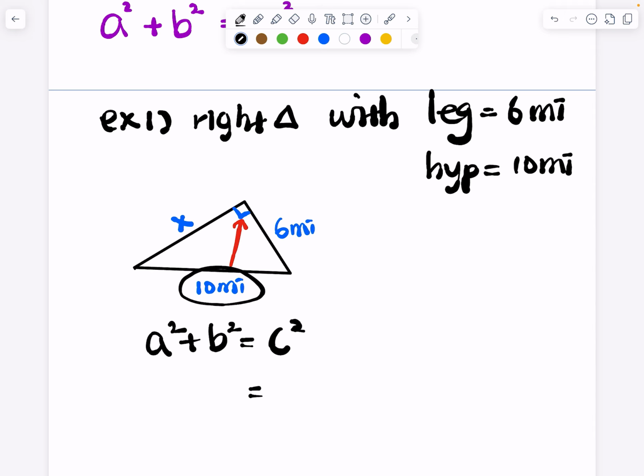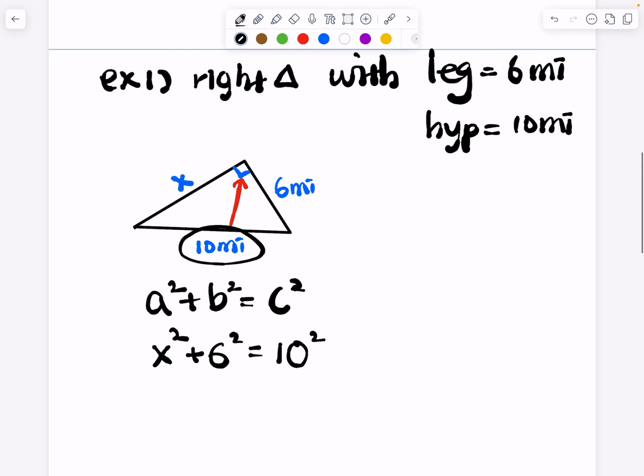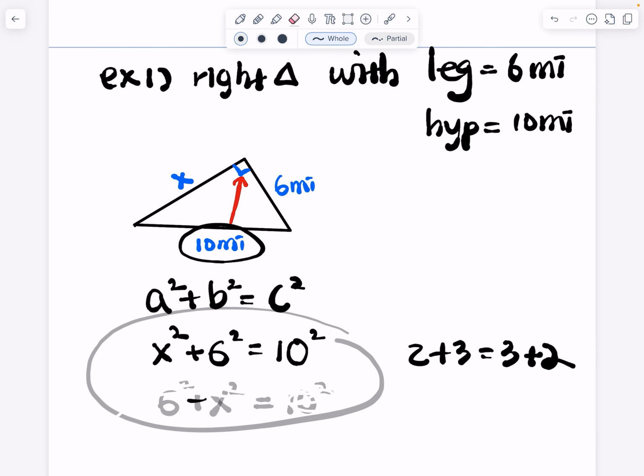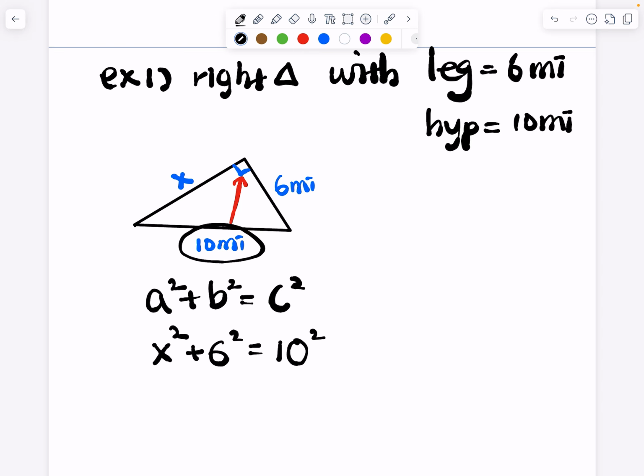No matter what, C is the position for the hypotenuse. So 10 is the value of C. Then I can plug in x squared plus 6 squared, or 6 squared plus x squared, equal to 10 squared. It's pretty much the same equation, because 2 plus 3 is equal to 3 plus 2. So let's work with the first equation and save some space.